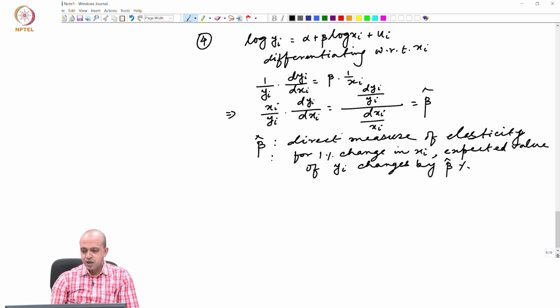As a result, beta hat is a direct measure of elasticity in this case. That means beta hat indicates that for a 1% change in xi, the expected value of yi changes by beta hat percentage. We do not have to do anything, it is a direct elasticity measure. So, we will get a direct percentage change in yi for a 1% change in xi. This is the log model interpretation.